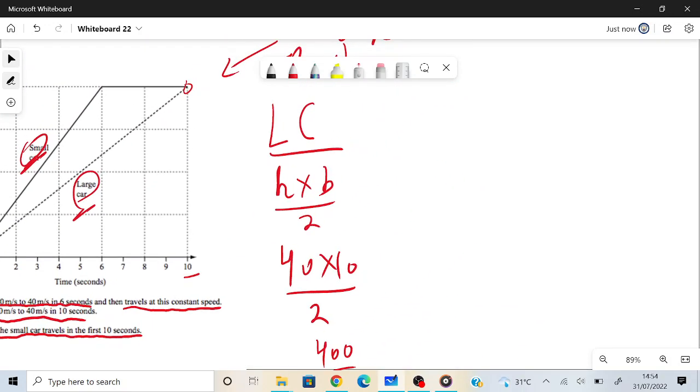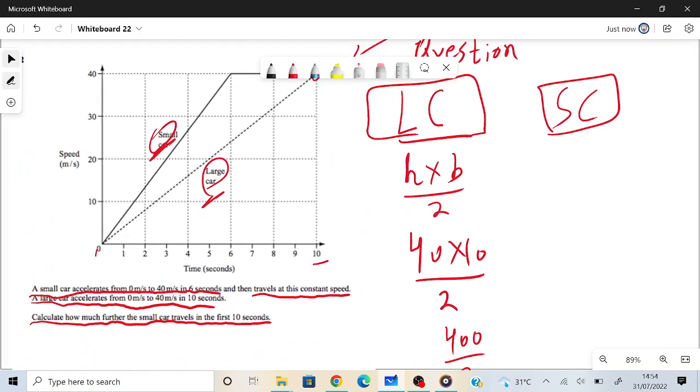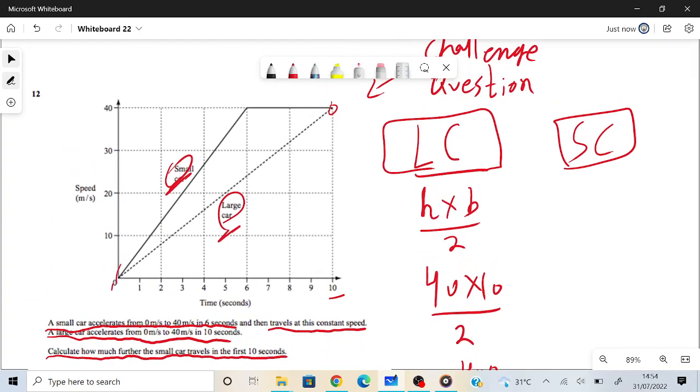Now let's have a look at the small car. Let's represent this with SC. So the small car, as you can see, this is the curve from here to here and here to here. As you can see, this one is forming a trapezium. So let's do it.